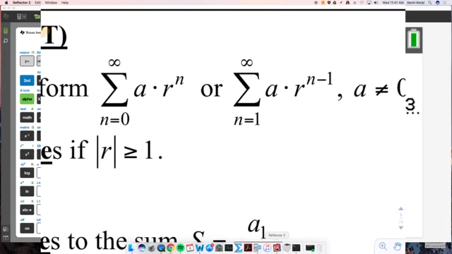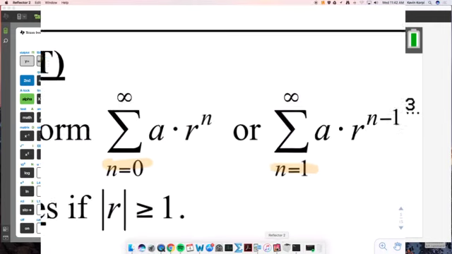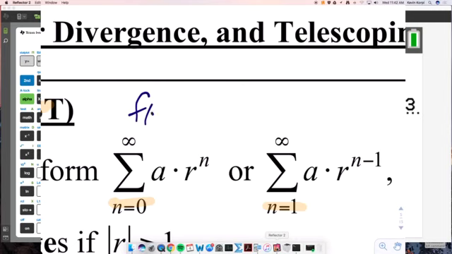If you have a series of the form n going to infinity, or 1 going to infinity, or 2 going to infinity, the point being is that we don't have to start at 1. We could start at 0, or 1, or even 2, or 3, or 4. Of anything of the form a times r to the n. This looks a lot like exponential a times b to the x, doesn't it?